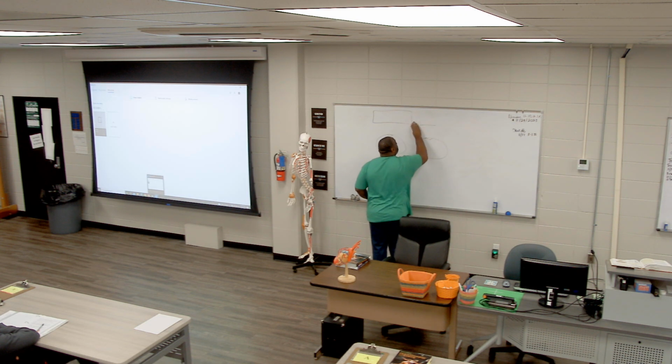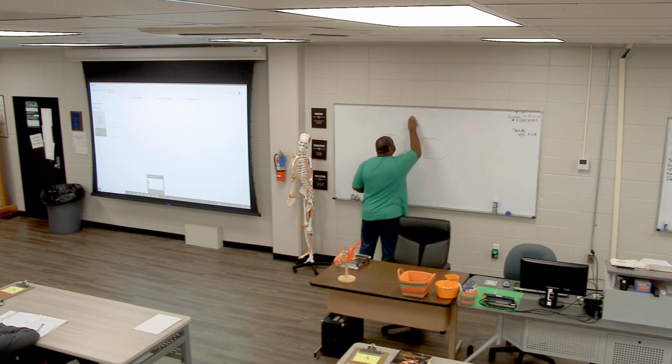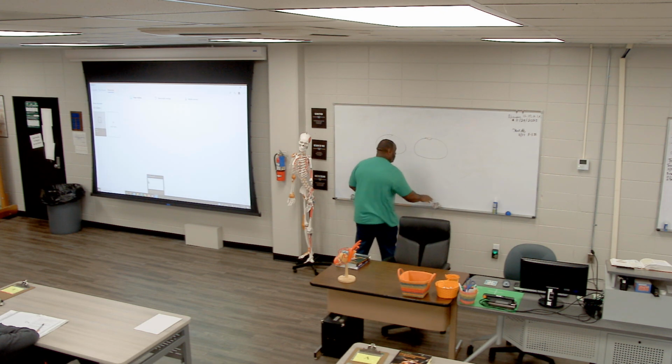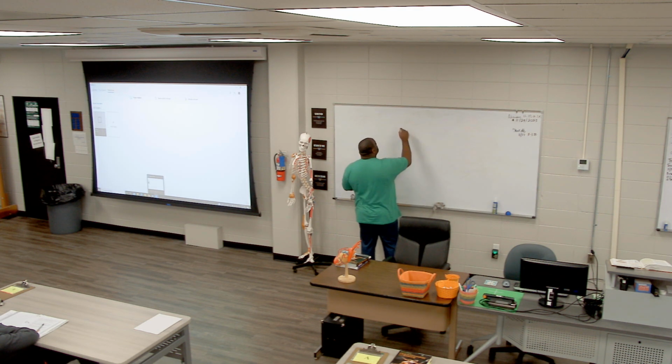Okay, so when we look at vision, our abilities to see, there are very specific things that go on. So let me draw them up this way. So eyes. Okay. And then your eyes have tracks.